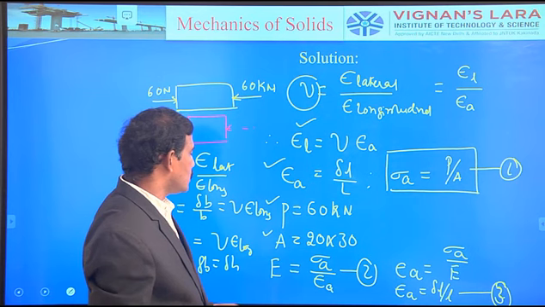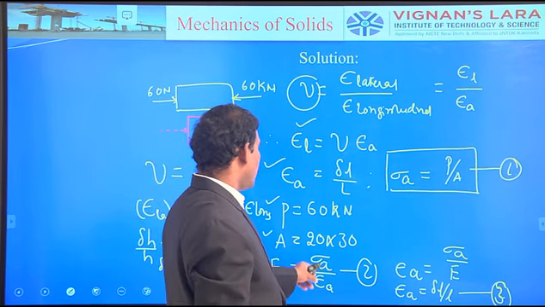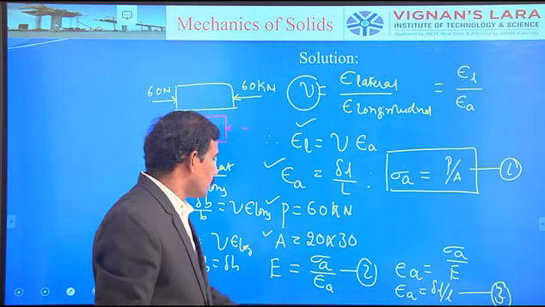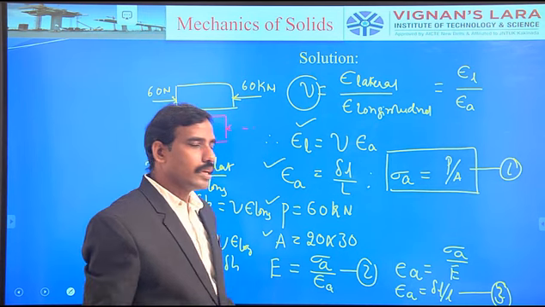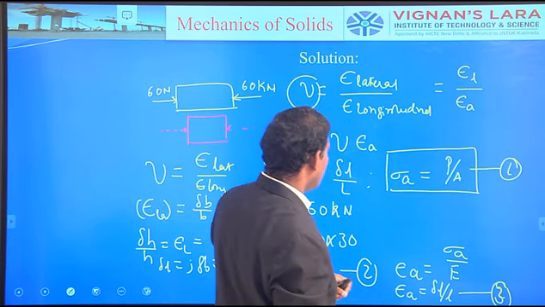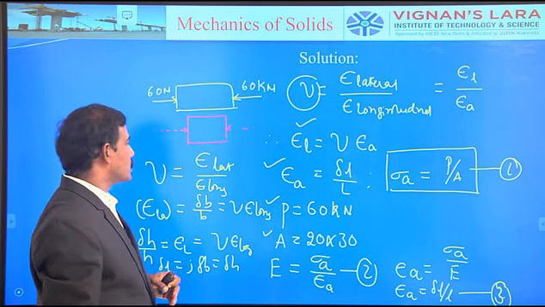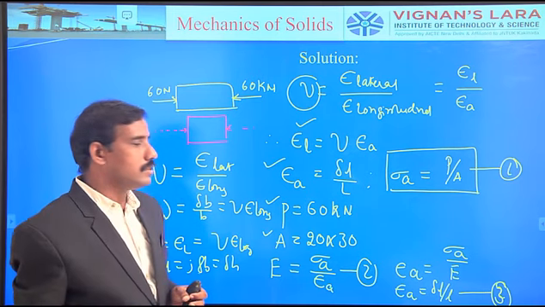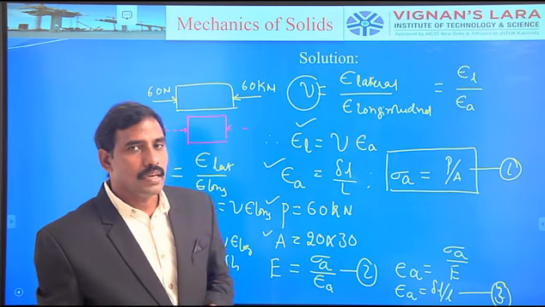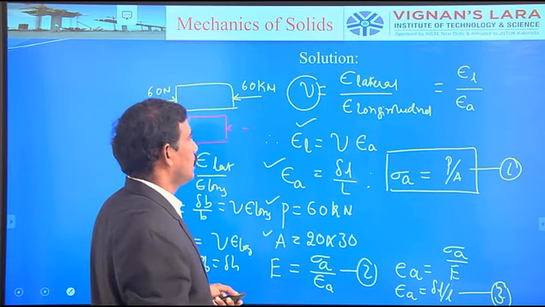And you know the relation, Young's modulus E is equal to stress by axial strain. Since you know E as well as sigma A, you can calculate epsilon A. Epsilon A is equal to delta L by L, then you can calculate delta L. Coming to the next one, again using Poisson's ratio relation, you can calculate delta B by B or delta B as well as delta H.